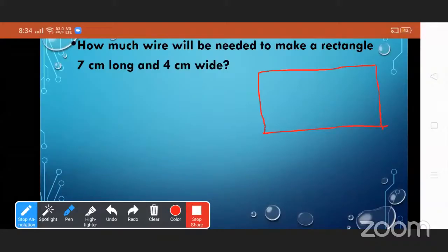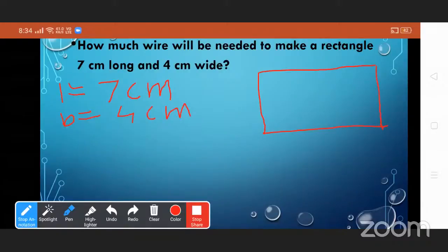Given 7 centimeter long, so L is 7 centimeter. Wide means width is 4 centimeter, so breadth is 4 centimeters.